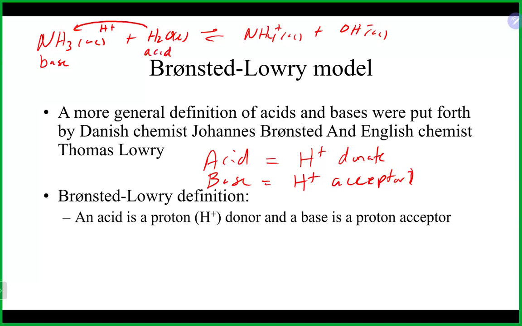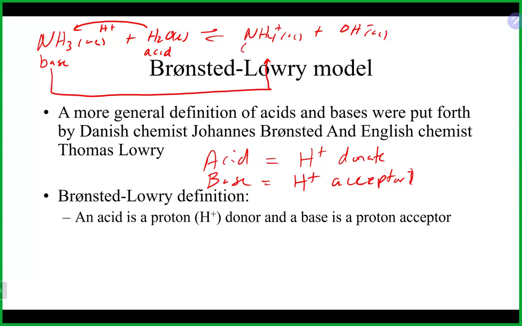So water is acting as the acid, NH3 is acting as the base. And the consequence of the Bronsted-Lowry definition is that on the other side of the arrow, you create partners. For example, when the NH3 gains the H plus, it makes NH4 plus on the other side. So those two things are related to each other.